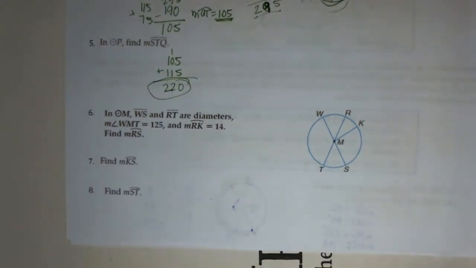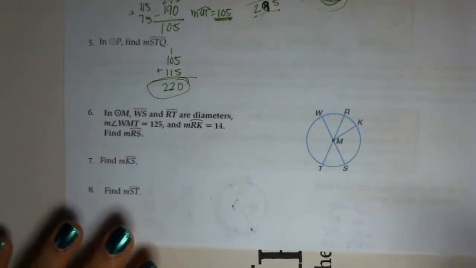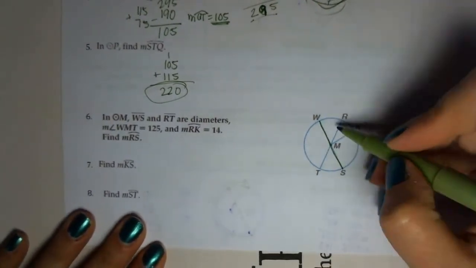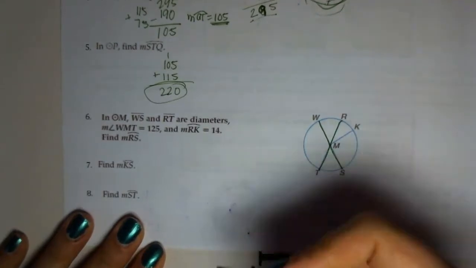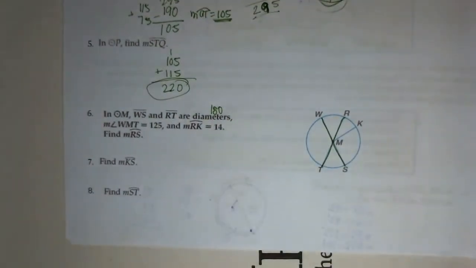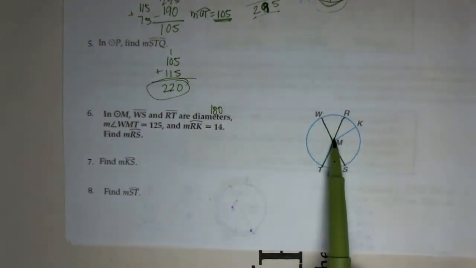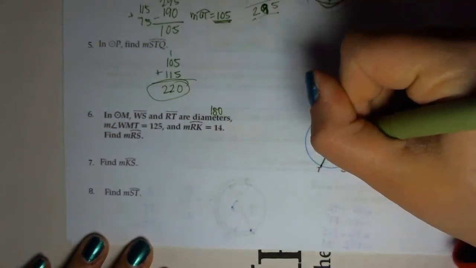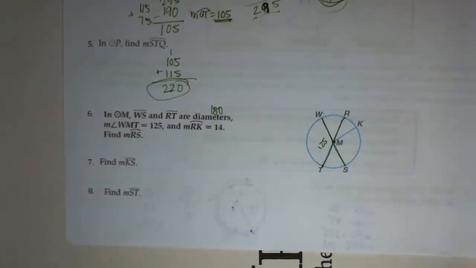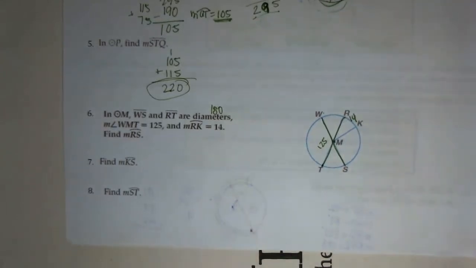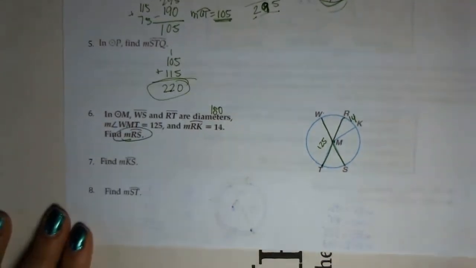So, all right, circle M, WS and RT are diameters, meaning we know that their arcs are 180. Okay, so measurement of angle WMT is 125. And RK is 14. Find RS.